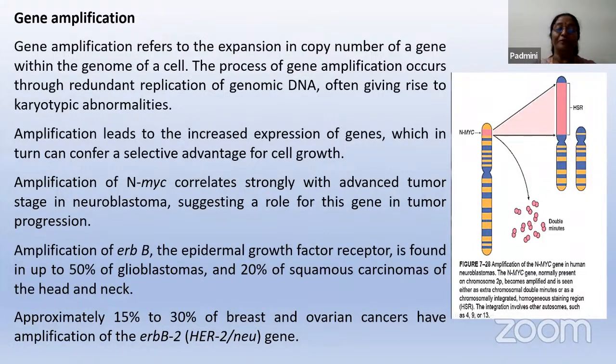And approximately 15 to 30% of breast and ovarian cancers show amplification of ERB B2. Another name for ERB B2 is HER2 or neu gene, which can lead to ovarian or breast cancer. All this is because of gene amplification.